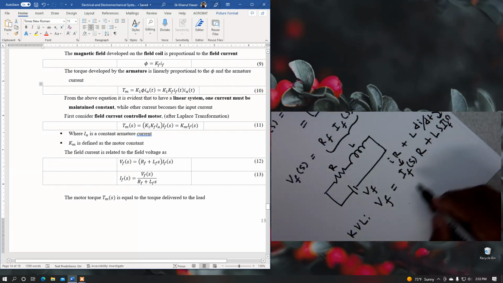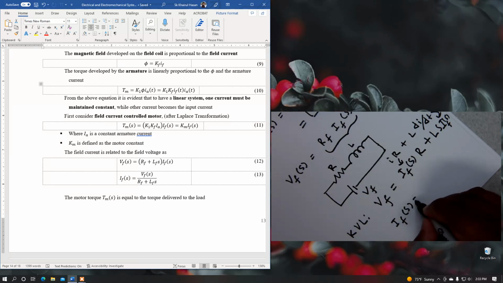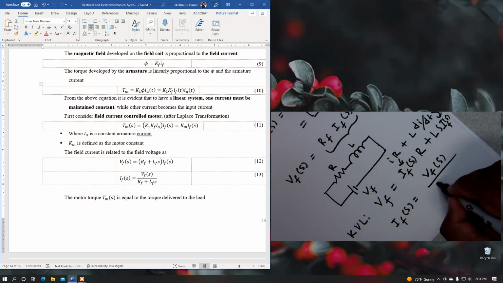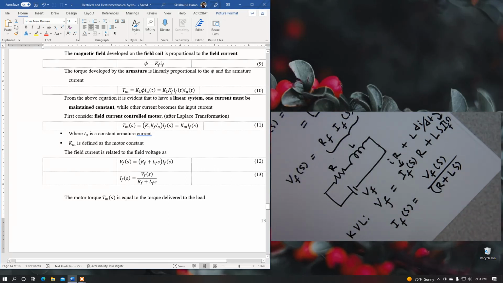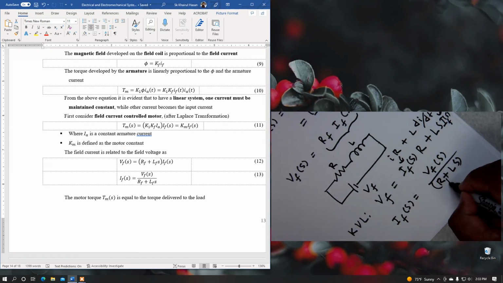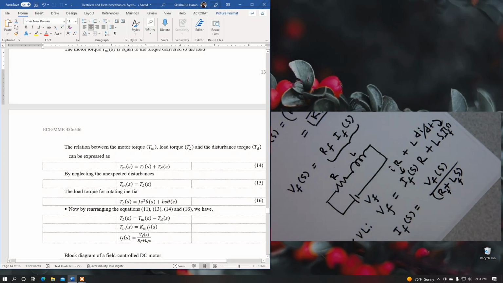So from here we can write the expression for the field current, If(s) equals Vf(s) over R plus Ls. This is because of the field inductor and field resistance.